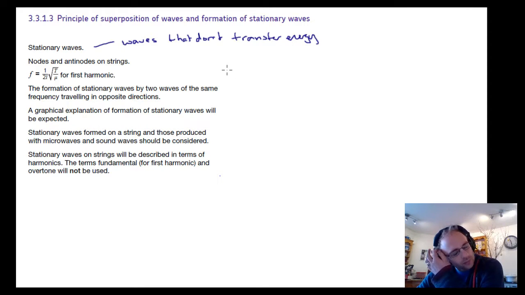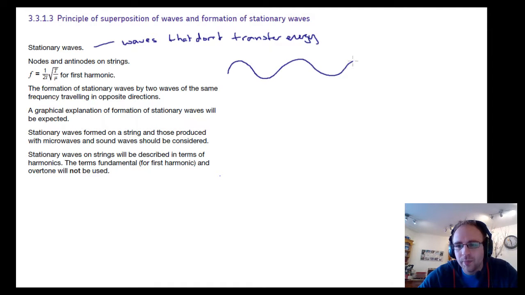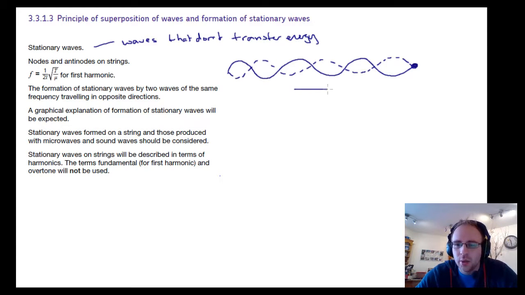So you can imagine having a skipping rope, wiggling the skipping rope up and down, and then the skipping rope being held at this end. So we've got a fixed point there, and as it comes back, it reflects. So we've got that wave going that way, and we've got our dotty wave going that way.